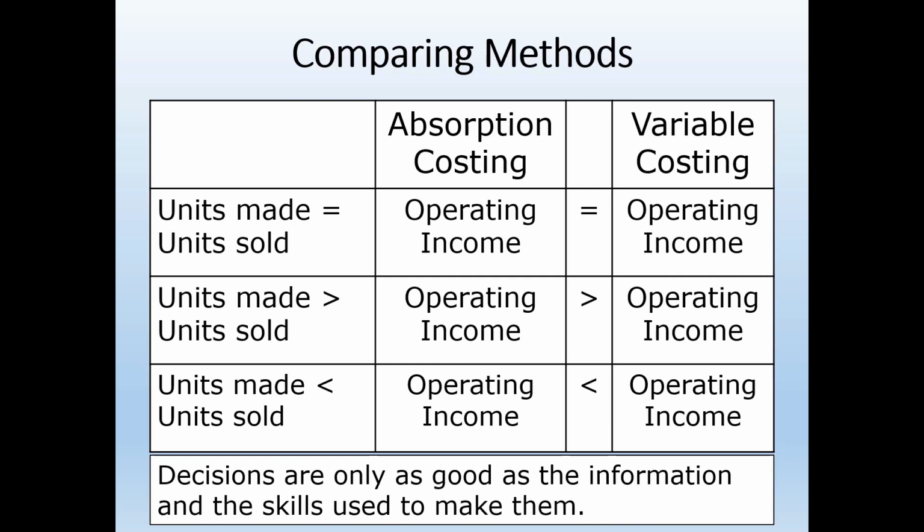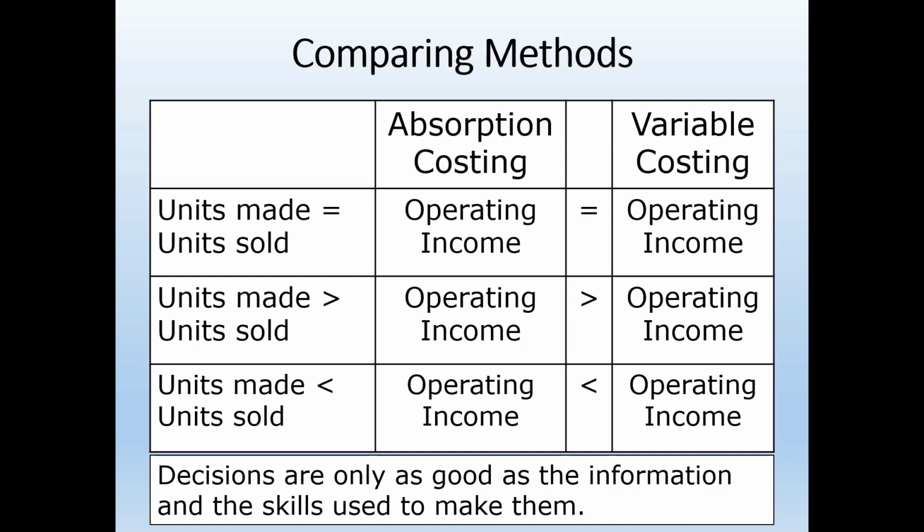If you see that the inventory value has increased between last year and this year, remember that's going to make income under absorption costing higher than it would otherwise be, because it pulls some of the fixed manufacturing costs for the period onto the balance sheet and away from the income statement.